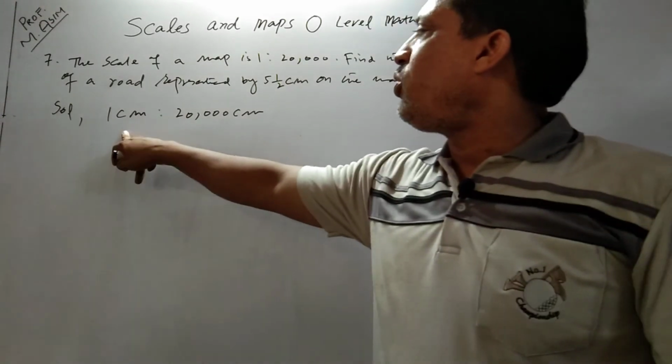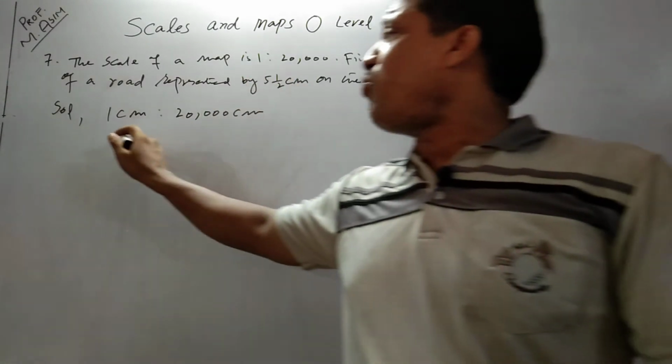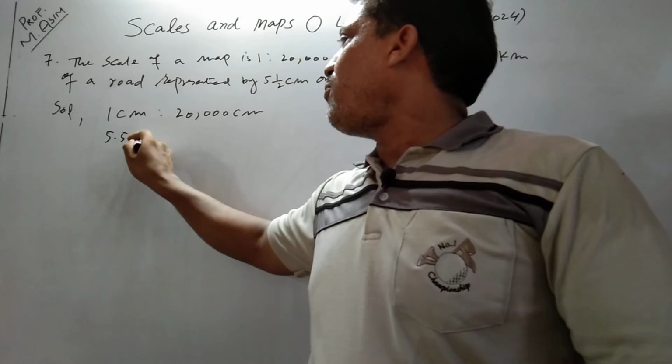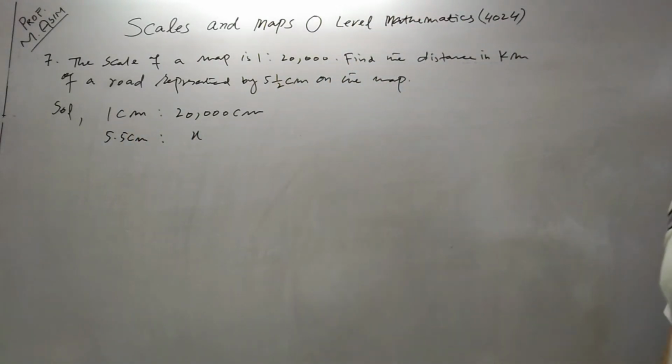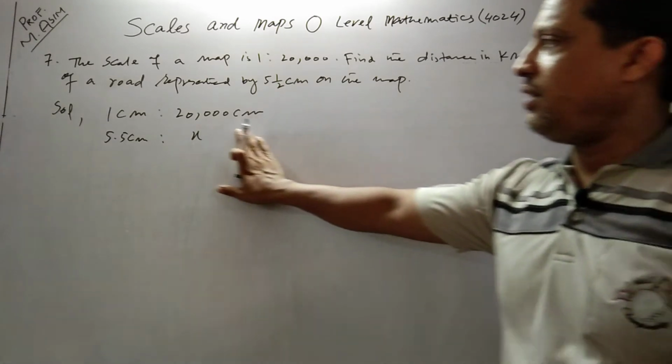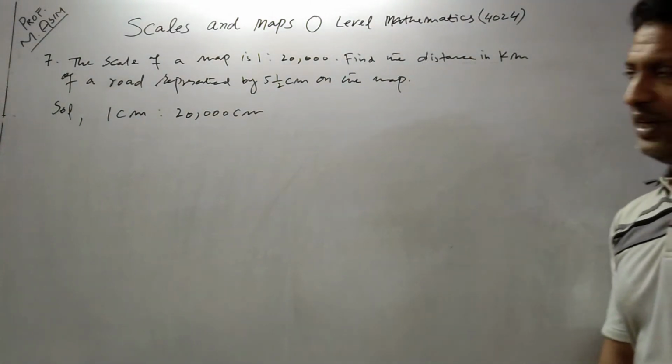So 1 centimeter represents 20,000 centimeter, therefore 5.5 centimeter represents x.